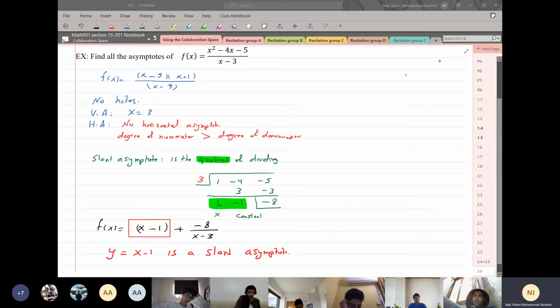I'm just going to introduce the graph for you so that you understand the meaning of the slant asymptote. You are not asked how to graph this. I'm done. I'm just going to bring the graph so that we can discuss it.